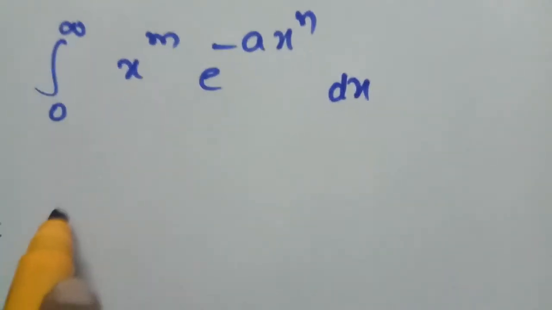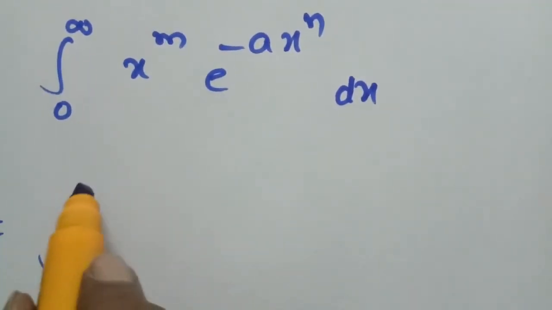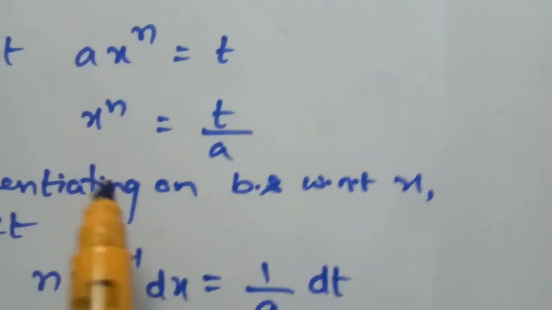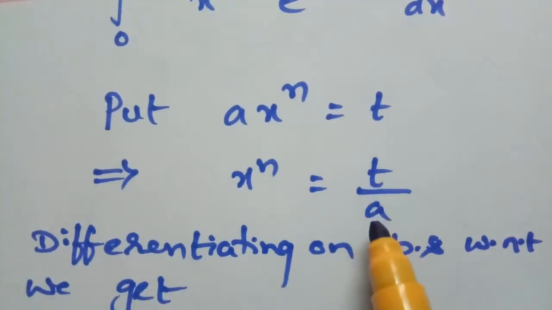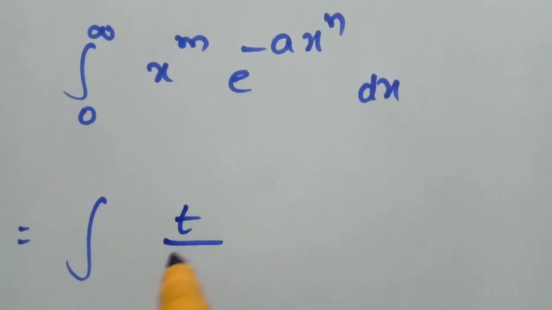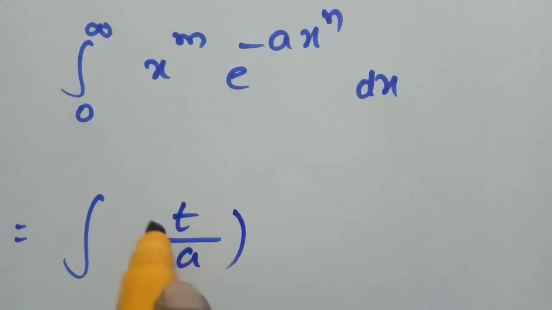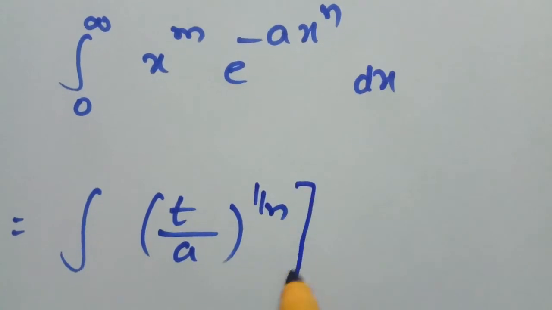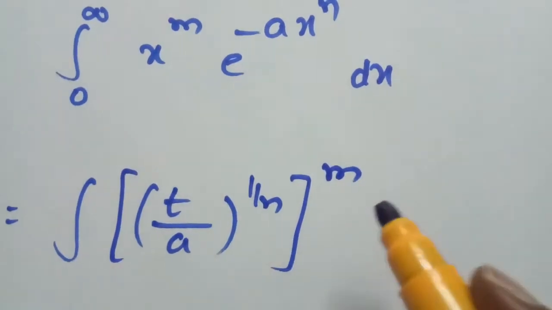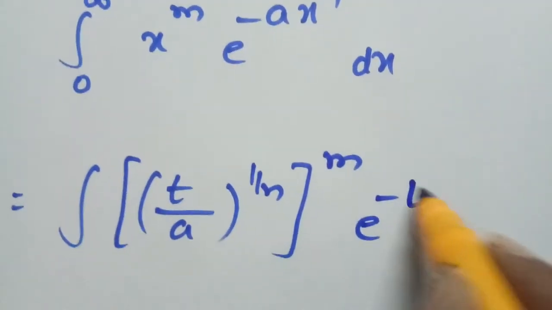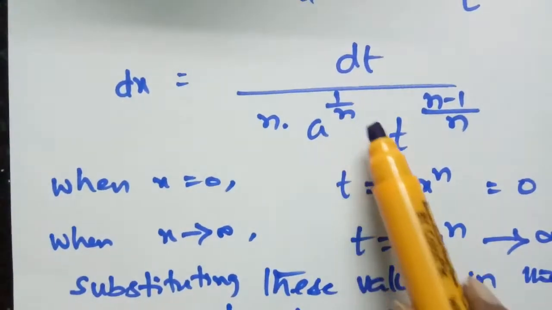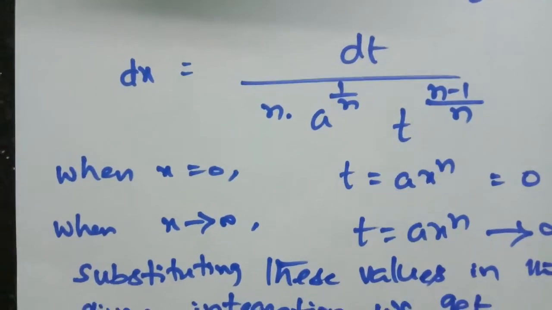Therefore, this is equal to integral x to the power of m. Now here x is equal to (t by a) whole to the power of 1 by n. So (t by a) whole to the power of 1 by n whole to the power of m into e to the power of minus t into dx, which is equal to dt by n into a to the power of 1 by n into t to the power of n minus 1 by n.